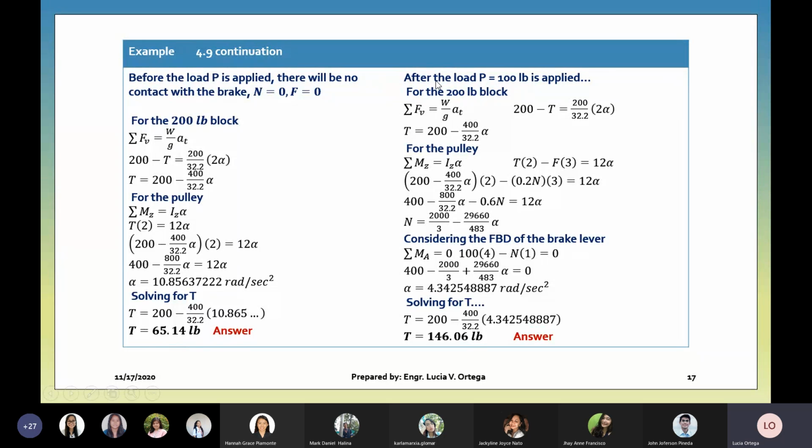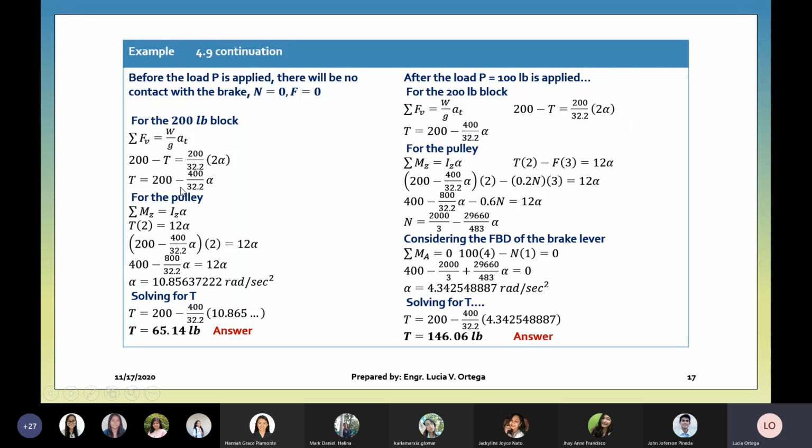After the load P of 100 is applied, there will be normal force and friction force. So we start again with the 200-pound block. The same equation, 200 minus T is W over g times 2 alpha. That is the acceleration. Simplifying, you have this equation.